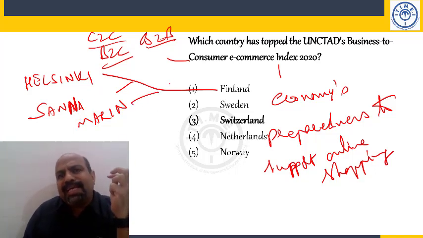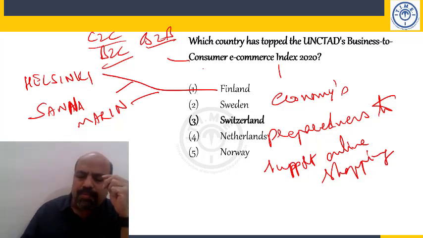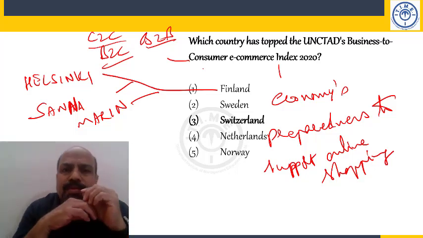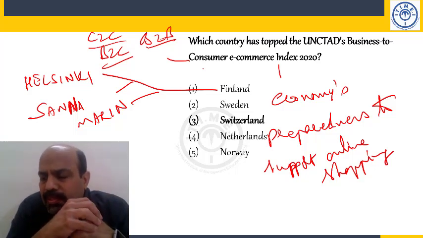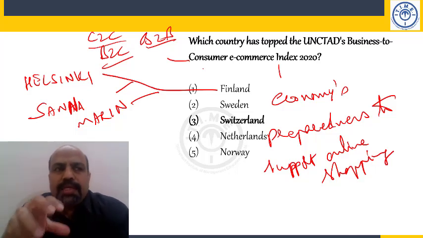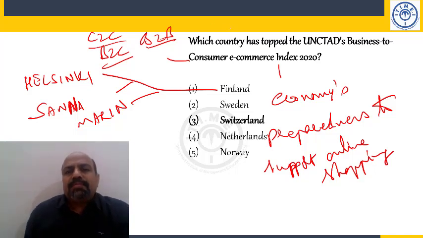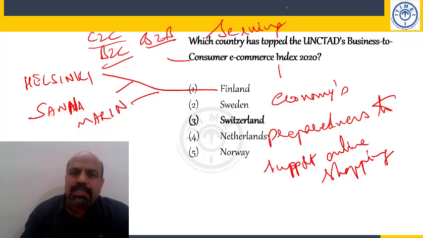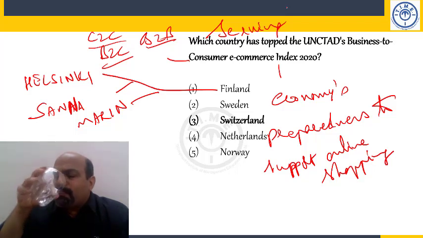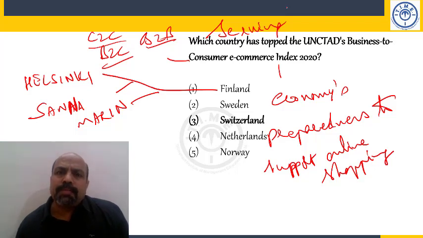You could write this: youngest female serving head of government. Serving means among all current leaders, she is the youngest. She was hardly 33 when she became the Prime Minister of Finland.